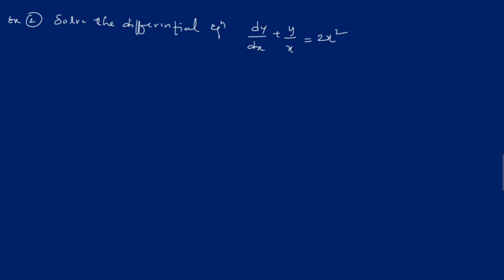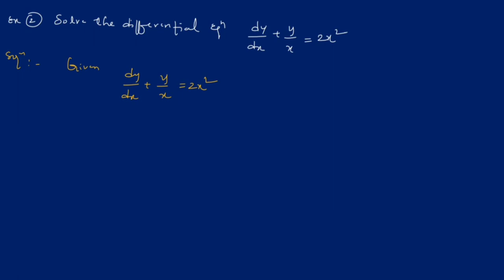So the solution is: the given linear equation is dy by dx plus y upon x equals 2x square. What we are doing here is simply finding the function y. Finally our solution is the value of y only, right?